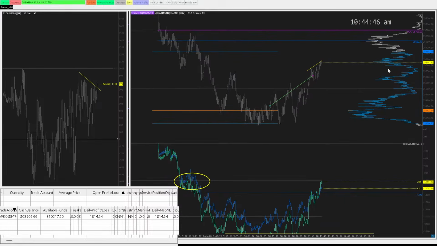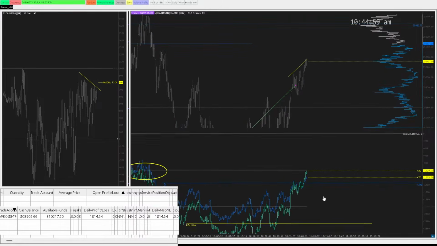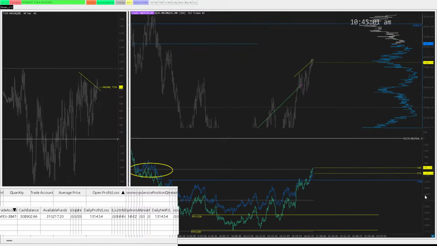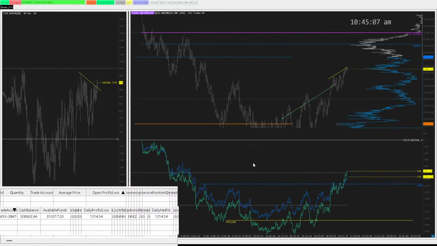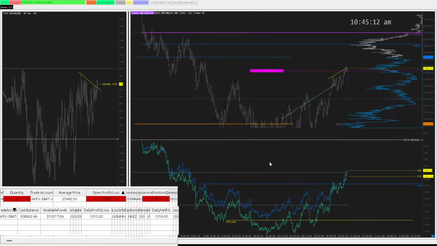We're hitting a little high volume node. Now this little high volume node is important because it's recent, right? It's recent. Also, look what's happening here. I'm going to take just one scalp short, one micro.